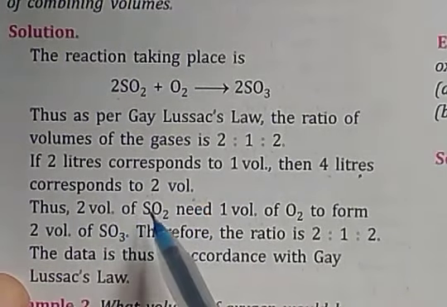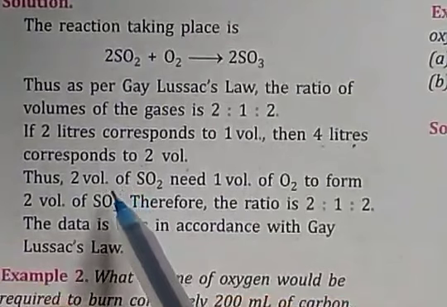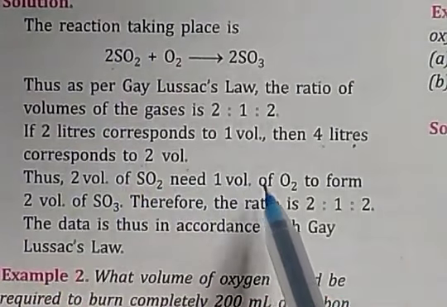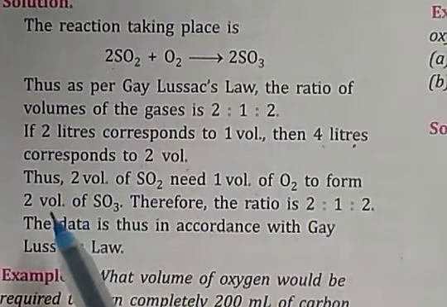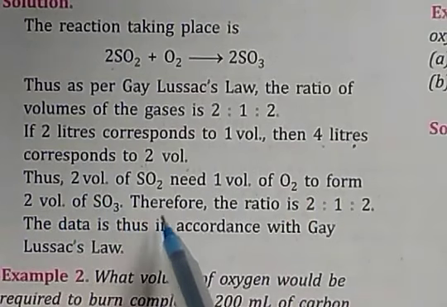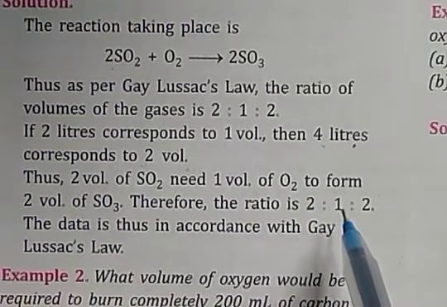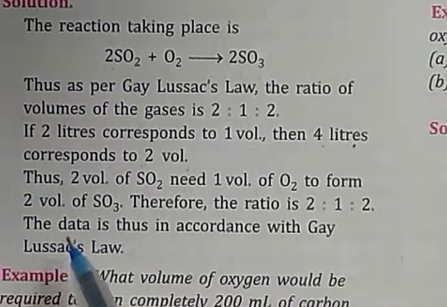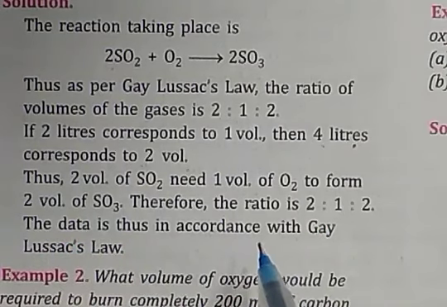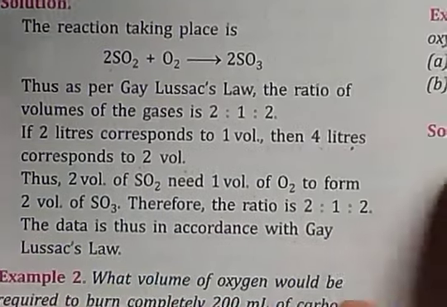Thus 2 volumes of SO2 need 1 volume of O2 to form 2 volumes of SO3. Therefore, the ratio is 2 is to 1 is to 2. The data is thus in accordance with the Gay-Lussac law.